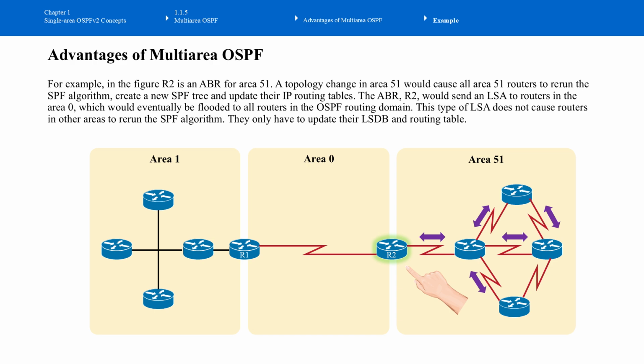The routers that connect one area to another area are called area border routers, the ABRs. An ABR exchanges routing information between different OSPF areas while keeping the detailed topology information separated. Using multiple areas reduces the amount of routing information each router must process, decreases the CPU and memory usage, and speeds up the convergence in large networks.